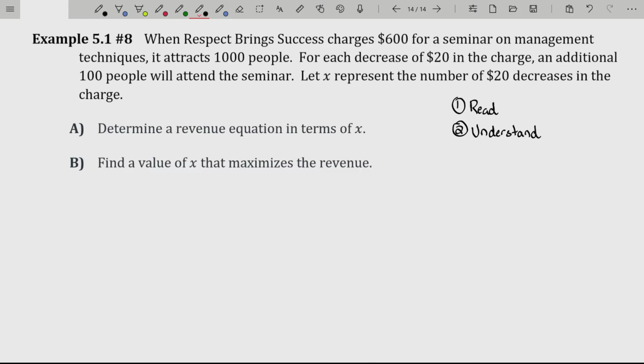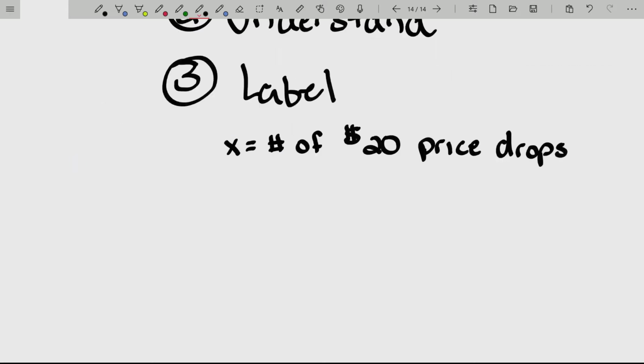Great. So the third thing I need to do is start labeling stuff. Start listing out things that I want to know. Start listing out things that I don't know. And one thing they were kind enough to hand me is the fact that we're going to let X be the number of $20 price drops. So if X were 1, we're dropping the price by 1 set of $20.